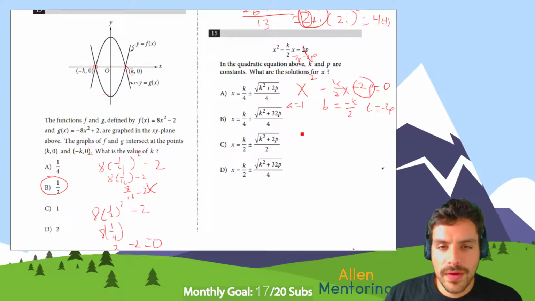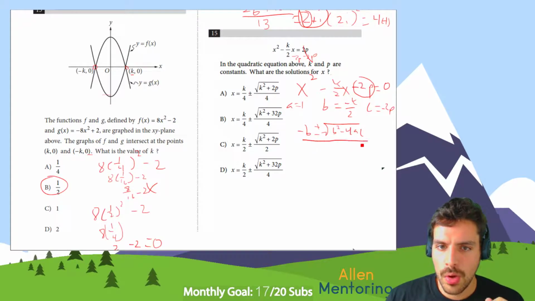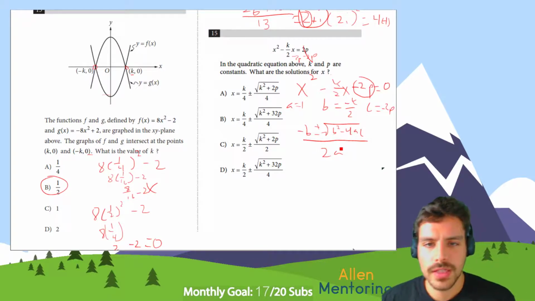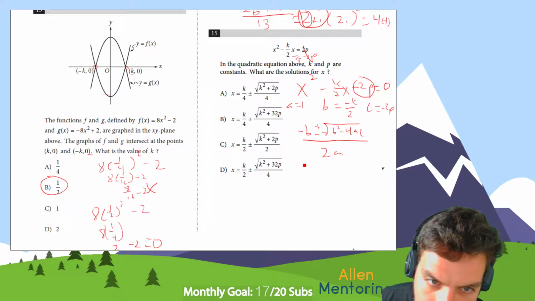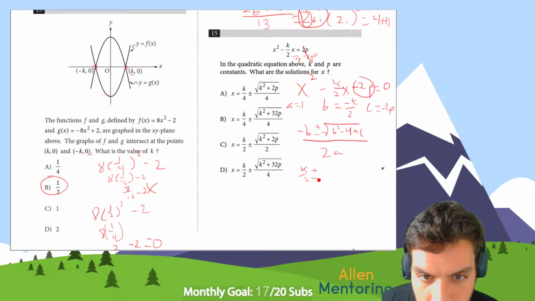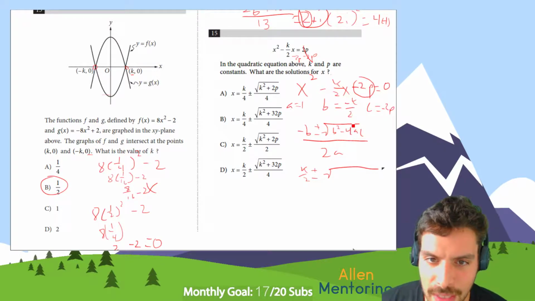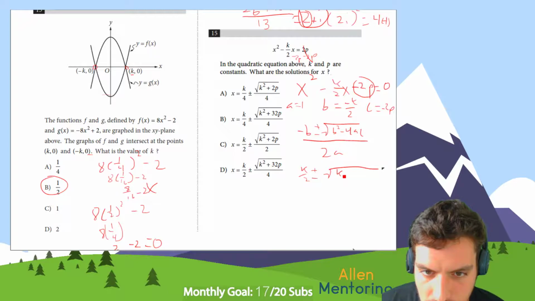So now all we have to do is negative b plus or minus the square root of b squared minus 4ac, also known as the discriminant, all over 2a. So let's fill this out quickly. K over 2 plus or minus the square root of b squared. So negative k over 2 squared is k squared over 4, positive, right?